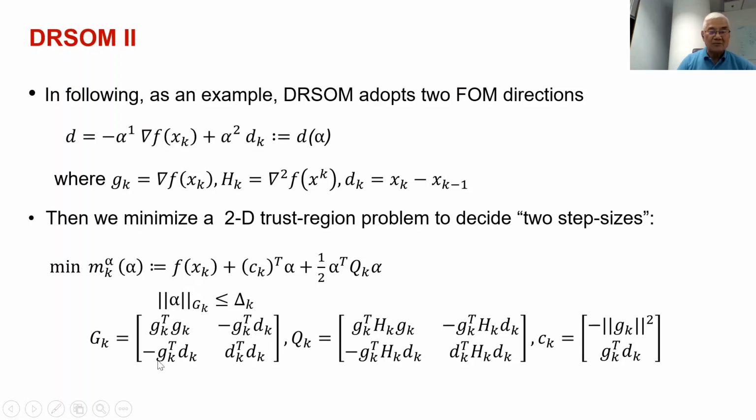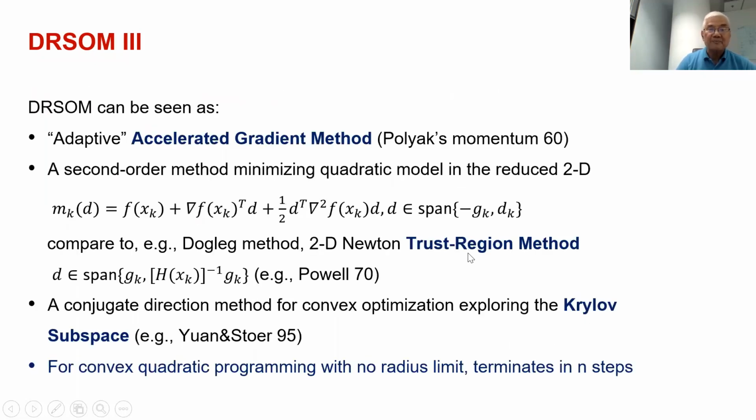Now I construct this 2 by 2 quadratic constrained problem. Solving it takes a constant number of iterations, because the dimension is only 2, so even 2 to the power 3 is still 8, so this doesn't matter. So this can be an accelerated gradient method.